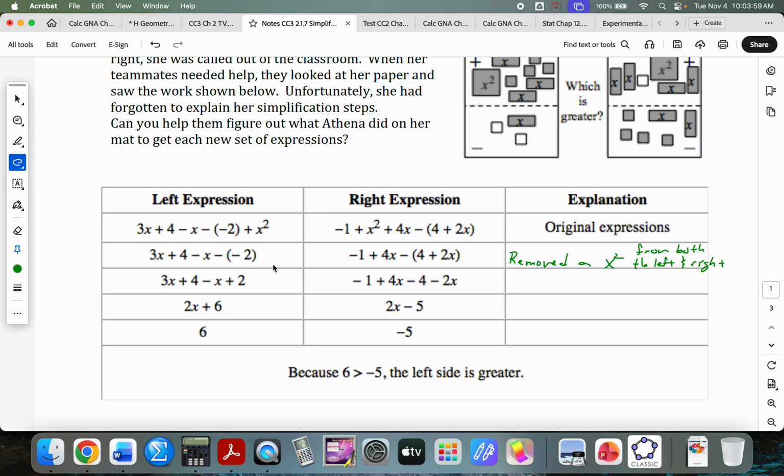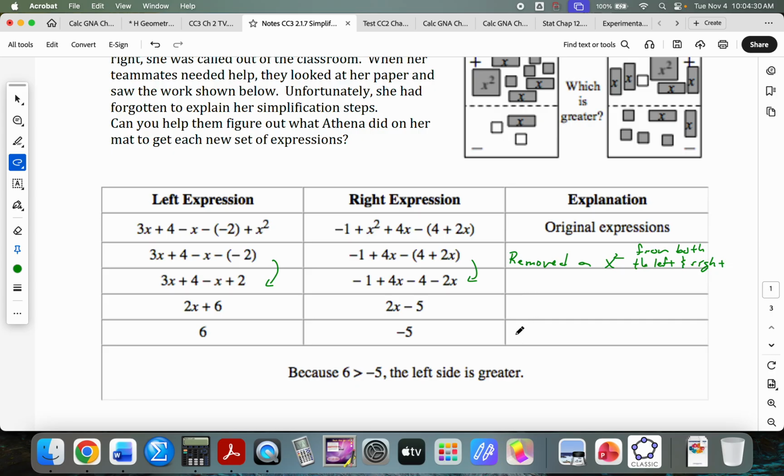All right, what has happened as we go from this step to this step on both sides? What have they done? Quentin? Minus negative 2 is the same thing as plus 2. And on the other one, you would have a 4 plus 2x, so they just swapped it and put negative 4 and a negative 2x.